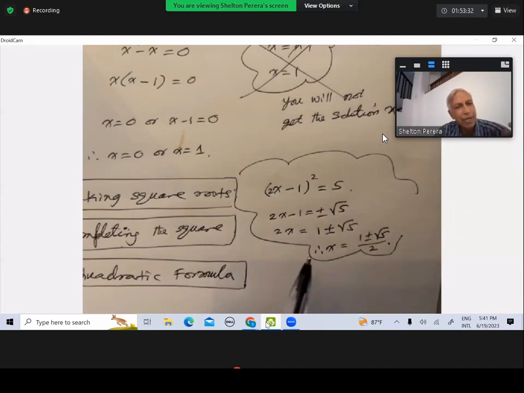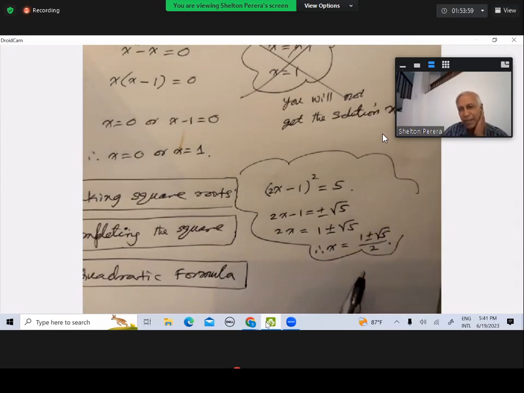No finite decimal can represent that number. The decimal expansion of square root 5 continues forever without any repetition and without a termination. So these are the real solutions. This is a nice number.